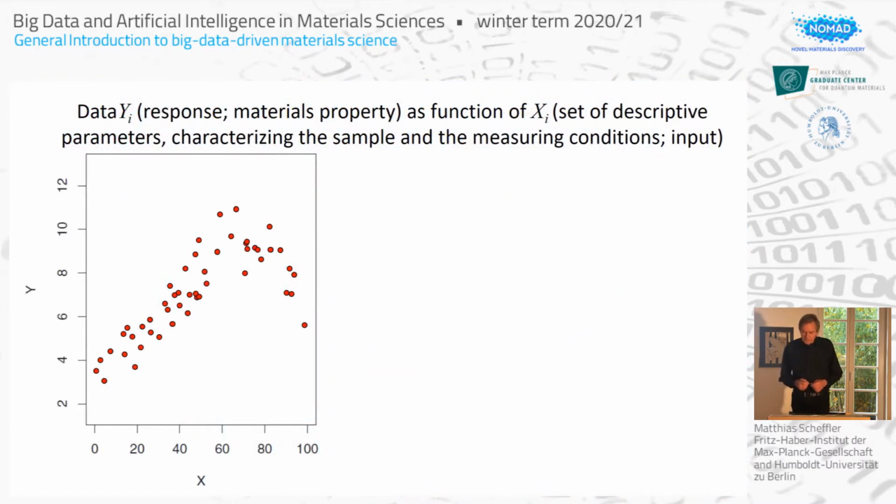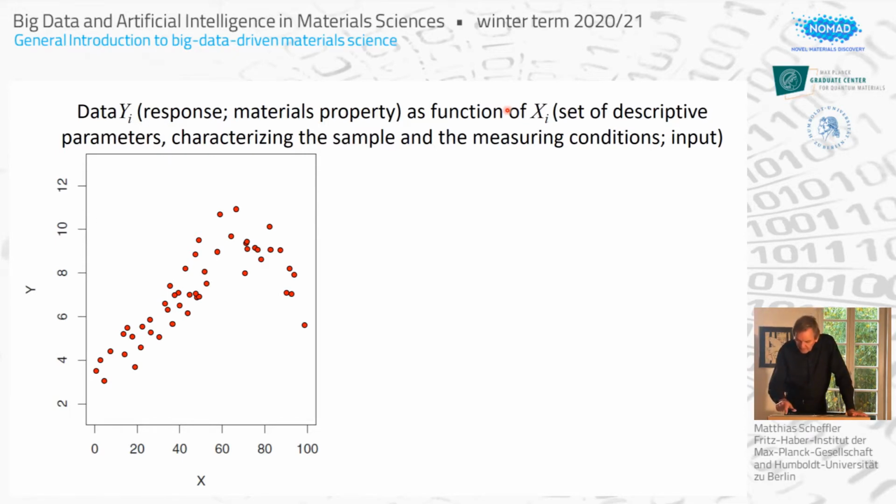What you see here is an example of data, and these data are y with an index i. i basically just numbers the data, the different measurements, and y is the value, the response, or the material's property. So that could be, for example, the measured value being a band gap of a semiconductor.